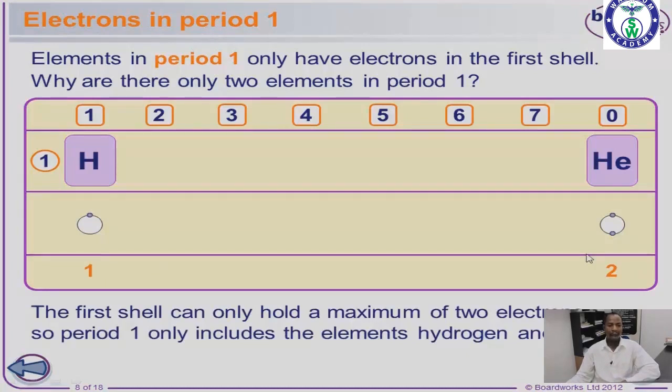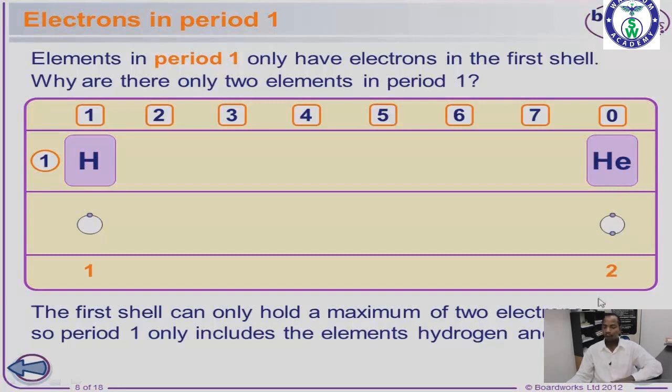Now we say, why are there only 2 elements in period 1? That's the big question. Why did we not fill up period 1 with other elements? Why do we just put hydrogen and helium in period 1? The reason is that the first shell can only hold a maximum of 2 electrons.